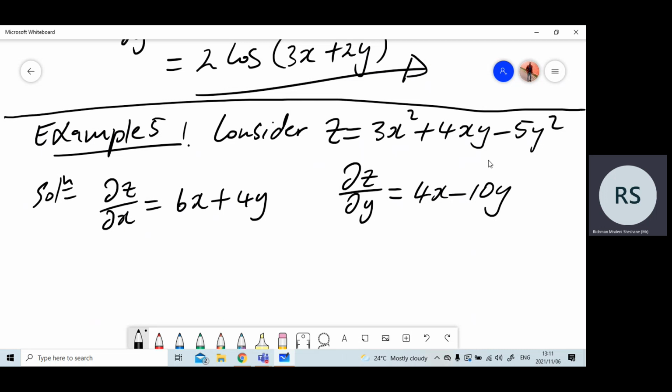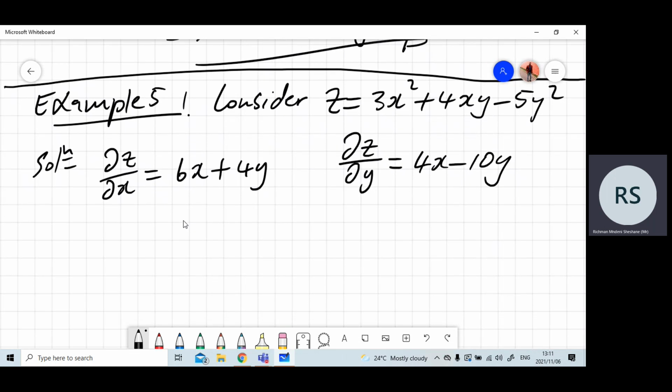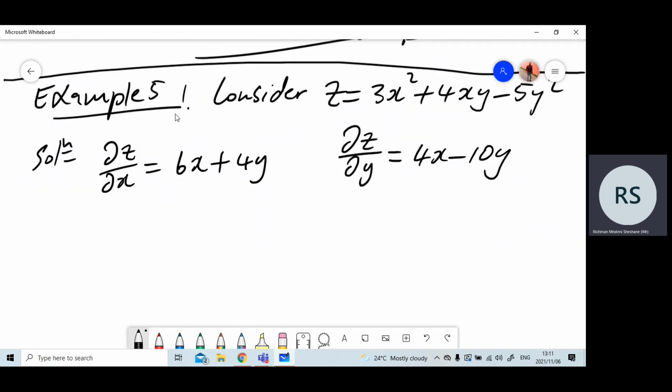We derive with respect to y. So these are the first partial derivatives. You see, each partial derivative is a function of x and y again. So the first partial derivative with respect to x is a function of x and y. And also the first partial derivative with respect to y is a function of x and y.